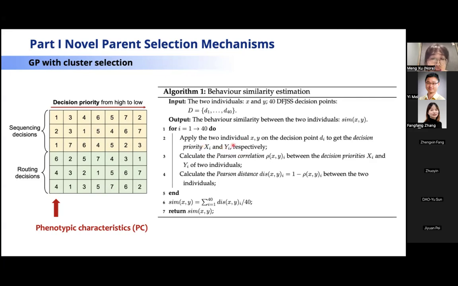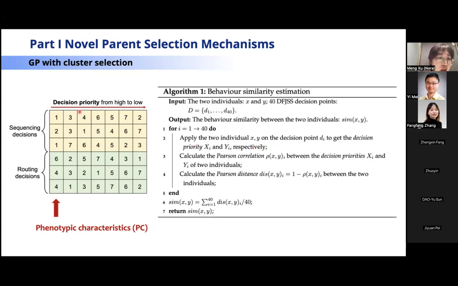Since for the DFJSS problem, we have a large number of decision points, in this method, we randomly select 14 decision points. And on these 14 decision points, at each decision point for each individual, we calculate the decision priority. The definition of decision priority can be seen here.